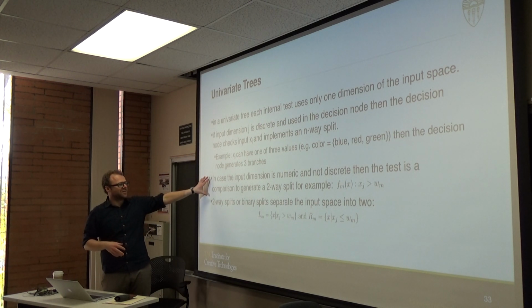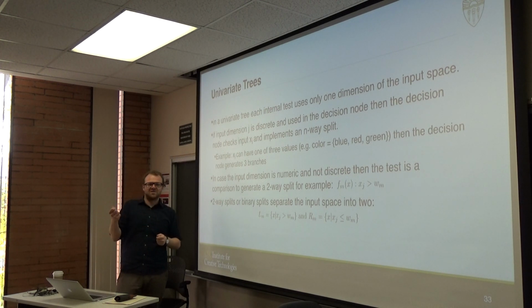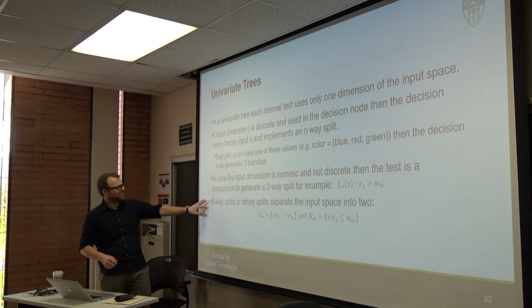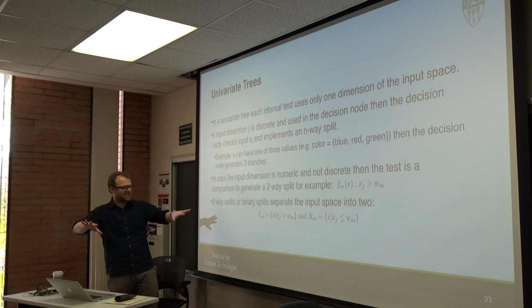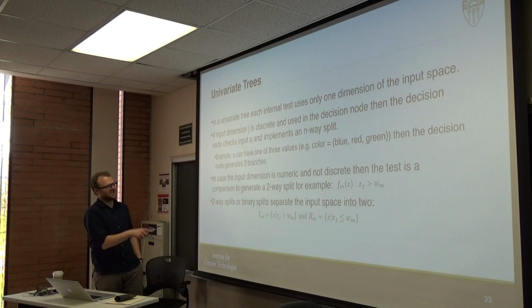But what we're mostly going to focus on is numeric splits, where we basically just decide to have a threshold function greater or equal or smaller than, and then we just have a binary decision of yes and no, and we split up into those separate regions. So we have a left region and a right region, and basically we're going to reiterate the same procedure onto these subregions until we identify the best tree.